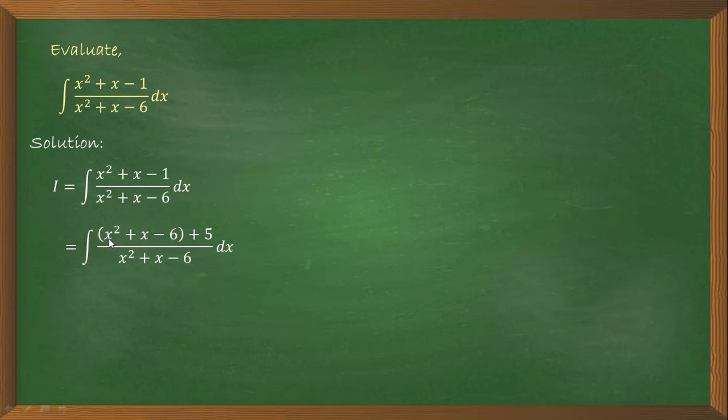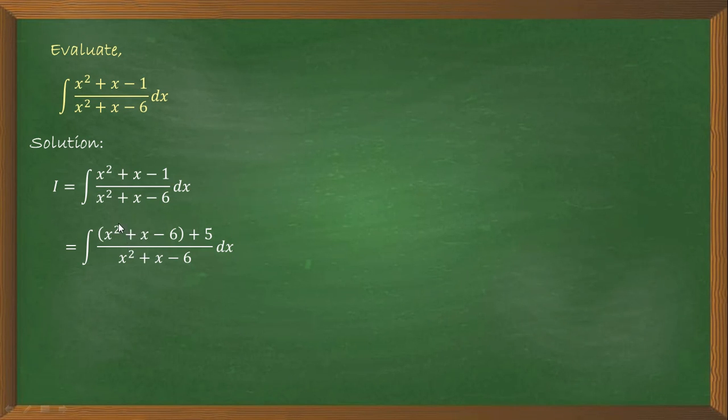See, it is expressed in terms of the denominator. So the denominator is x square plus x minus 6, and originally it is x square plus x minus 1. Here we have taken minus 6, so if we add plus 5 here, then you will get the adjustment. So x square plus x minus 6 plus 5 is the numerator expressed in terms of the denominator.